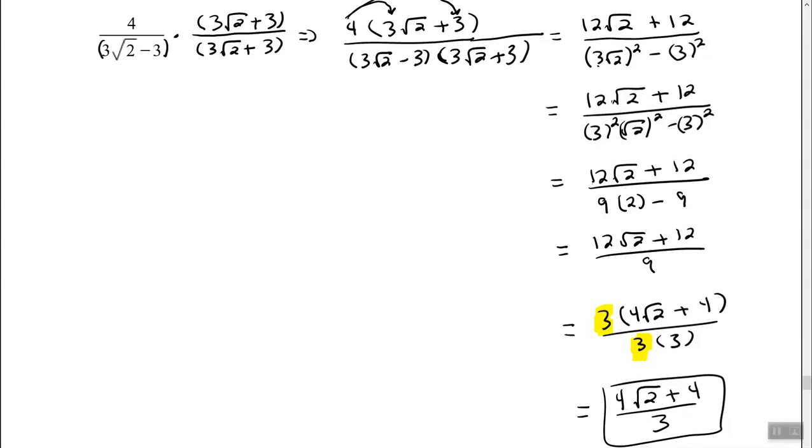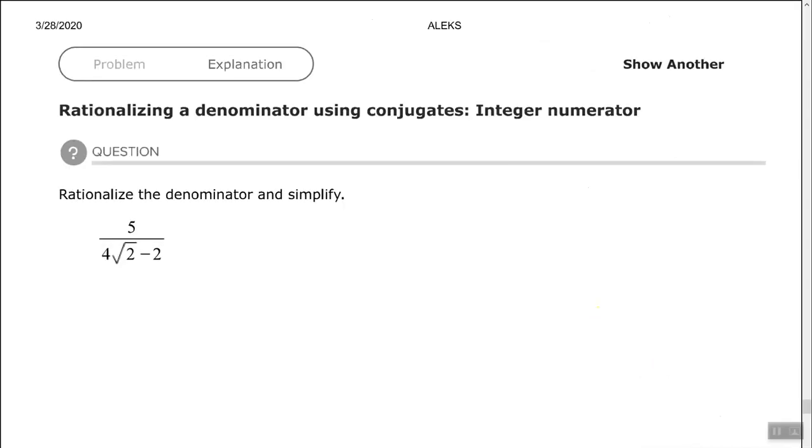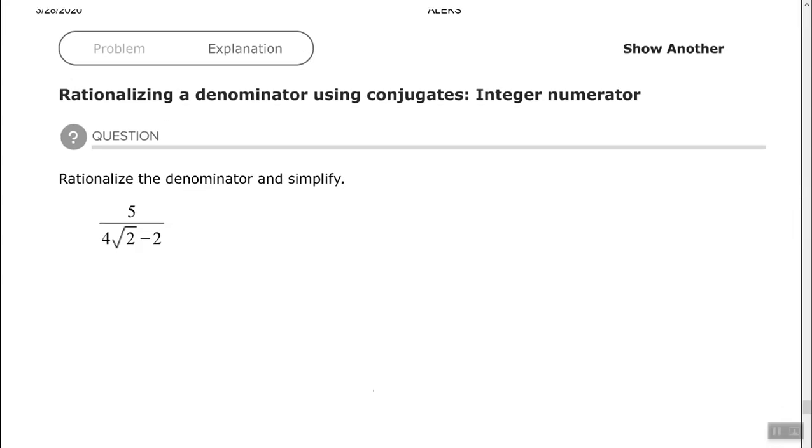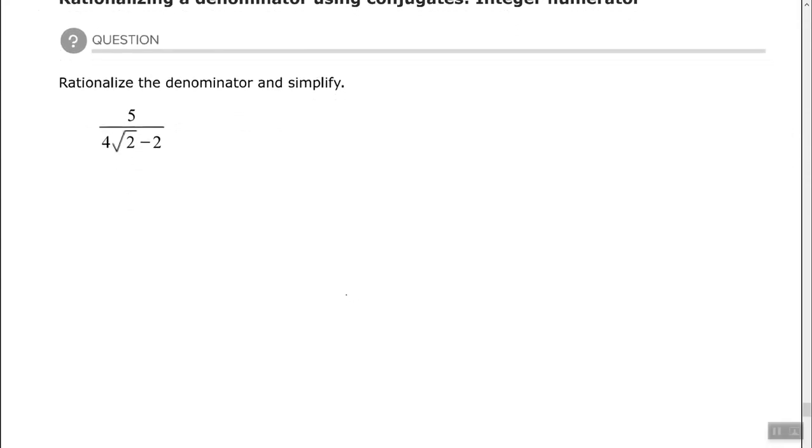All right, so let's take a look at another problem like that one. All right, so I have 5 over 4 times the square root of 2 minus 2.